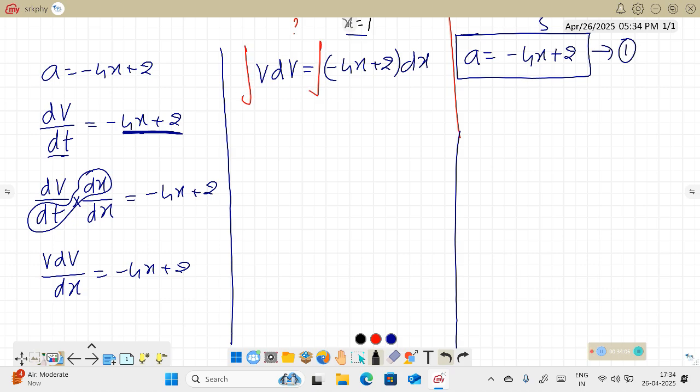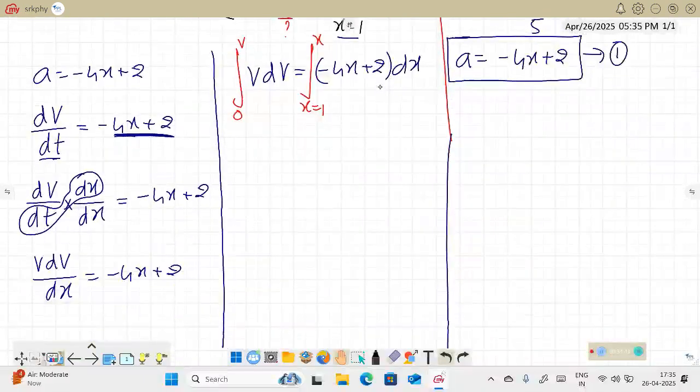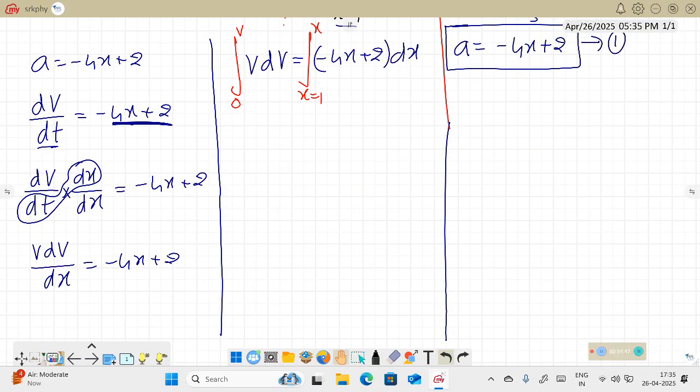From where to where do we integrate? It starts from rest at x equal to 1, so the velocity goes from a lower limit of 0 to an upper limit of some v value, and the position goes from x equal to 1 to x, since we don't know where it is moving. Using these limits we can solve for the value of v. What remains is the mathematical part.